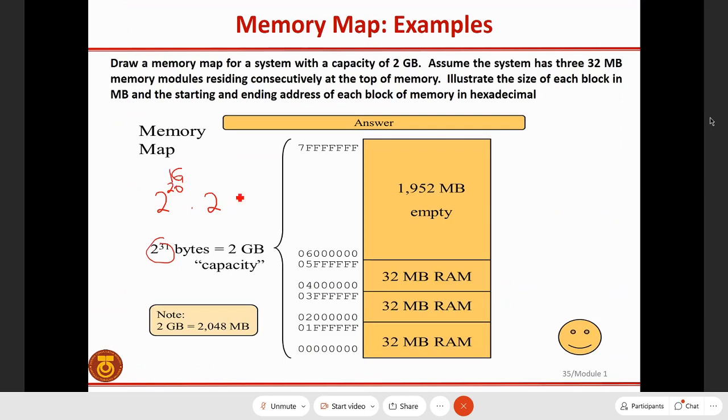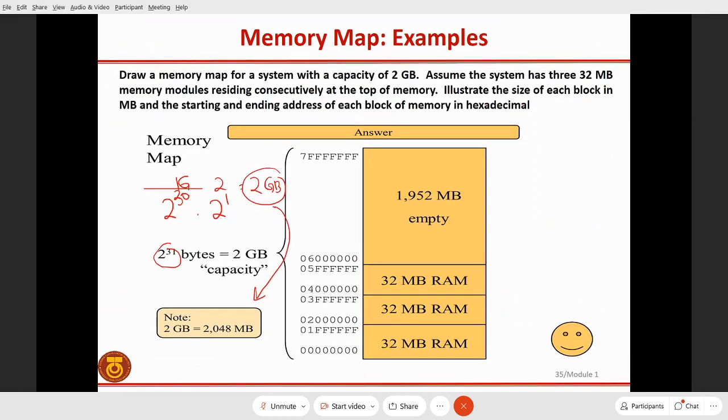So 1 giga times 2 to the power of 1 is 2. So this is 2 gigabytes. Equivalently, 2048 megabytes.